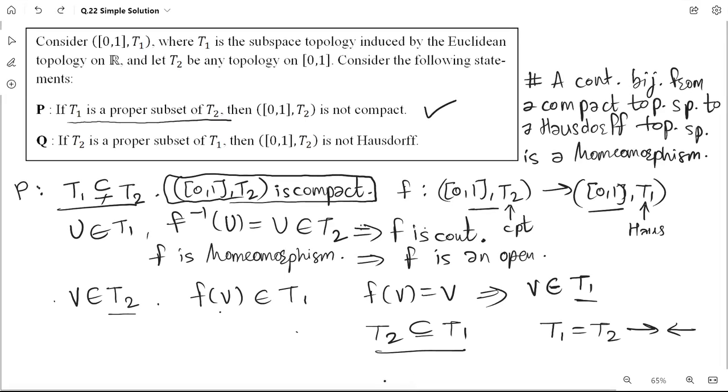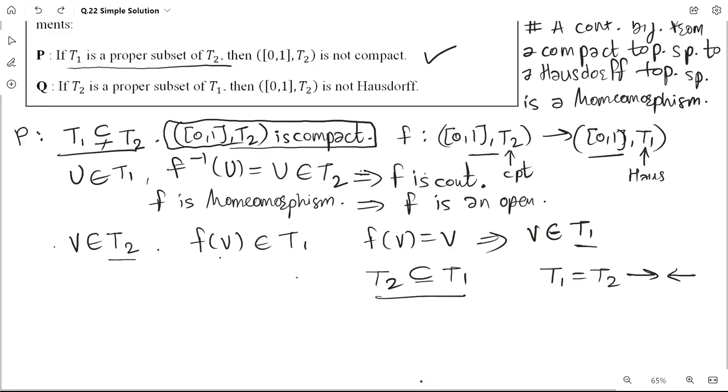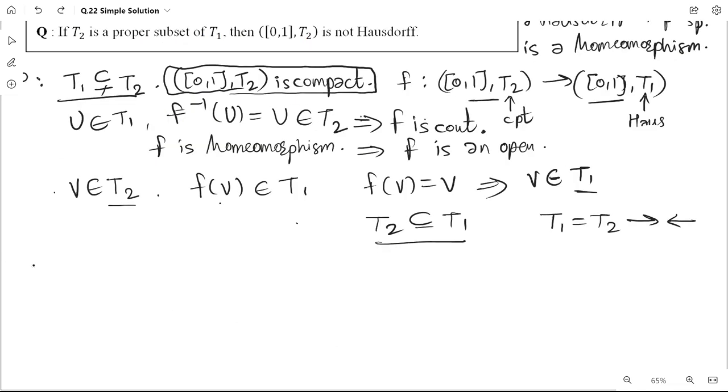Likewise for Q also, we can show that Q is true using this theorem. So let's just check how we can make use of this theorem. So Q says T2 is a proper subset of T1, right? So assume that [0,1] with T2 is Hausdorff.